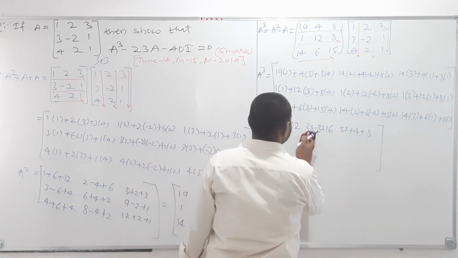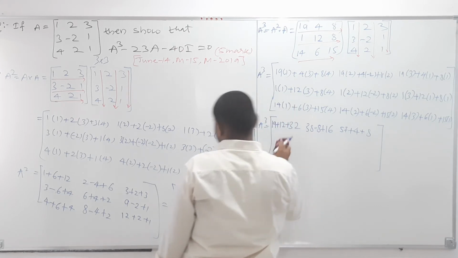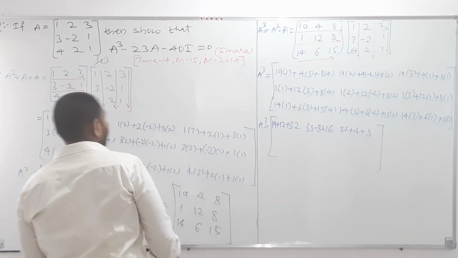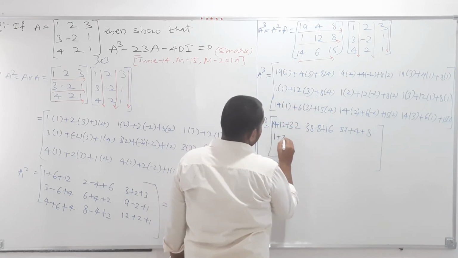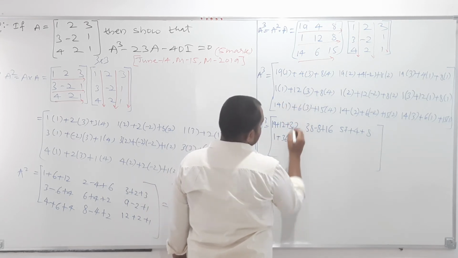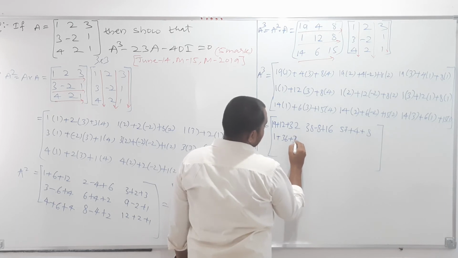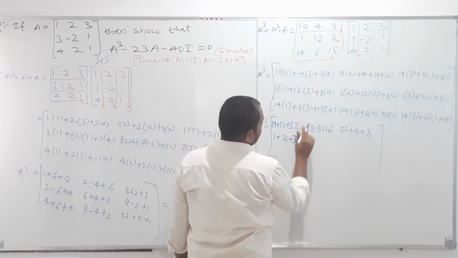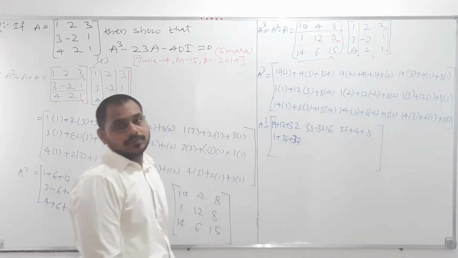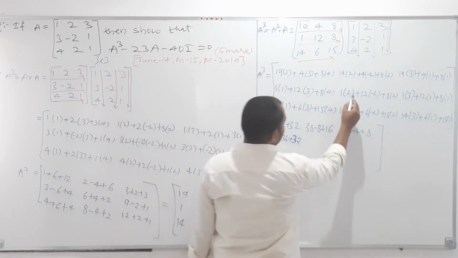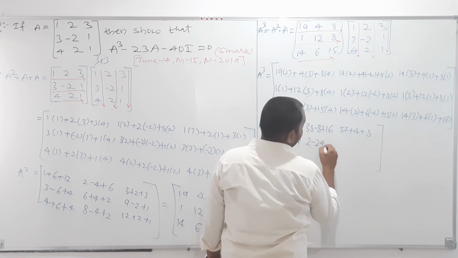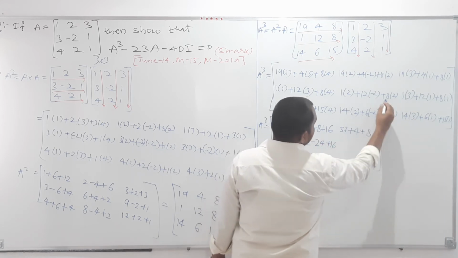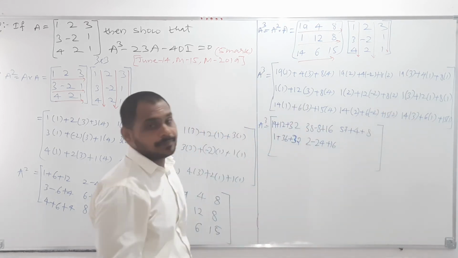So next, my dear students, 1 into 1 is 1 plus 12 3s are 36 plus 8 4s are 32. Next, 2 into 1 is 2 plus minus 24 plus 8 2s are 16.